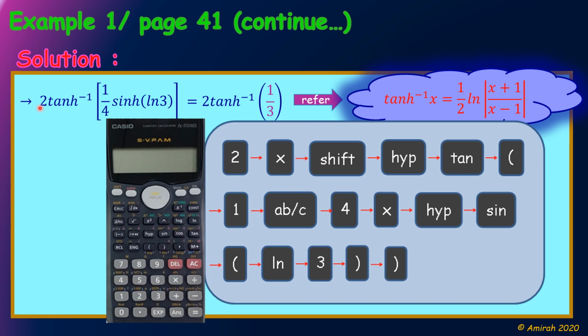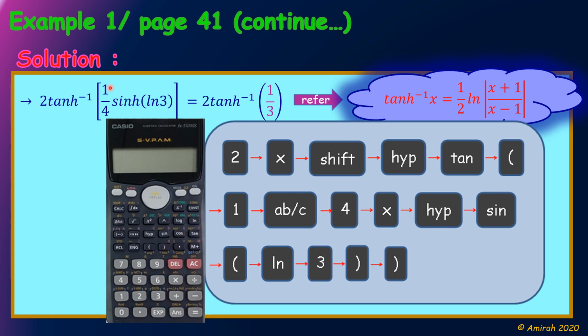First step, we press 2 on the calculator, and then the operation between 2 and inverse tanh is multiplication, so we press multiply. There is no hyperbolic function button in the calculator, so to press inverse tanh, first we need to press shift for inverse, and then for tanh we need to press hyperbolic, and then tangent.